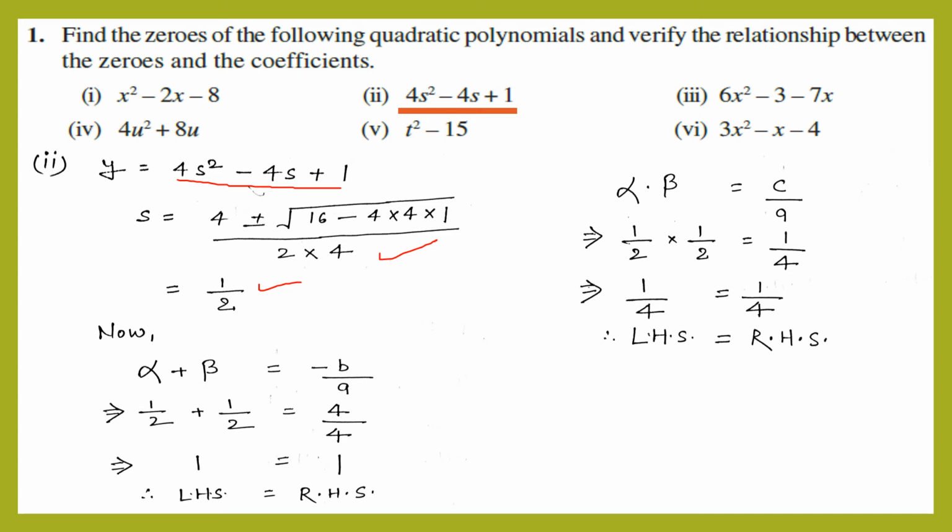This is due to the reason that this part of the formula is actually 0. This part of the formula is b square minus 4ac, that is also called determinant. If the determinant of the formula is 0, then we have equal roots. That means alpha and beta both will be equal to 1 by 2.